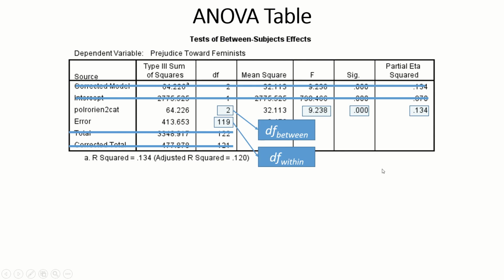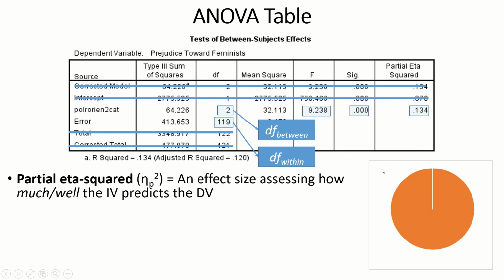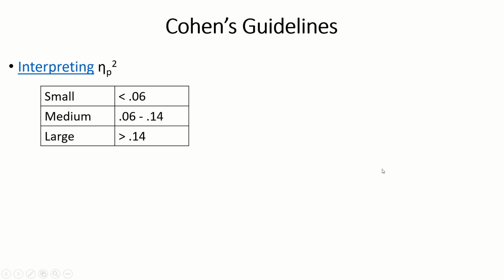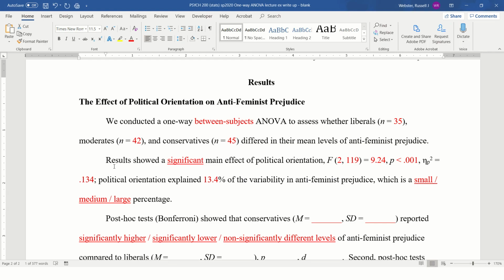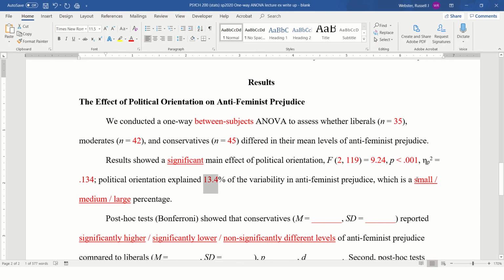Well, we'll have to go back to our guidelines for interpreting partial eta squared. And so our partial eta squared value is 0.134. As we discussed in video 4, 0.13 falls in the medium category. Medium, almost large, but still technically medium. So partial eta squared is medium.